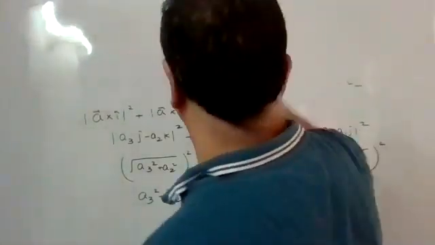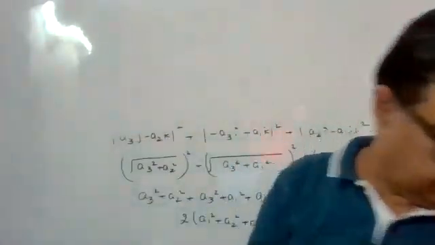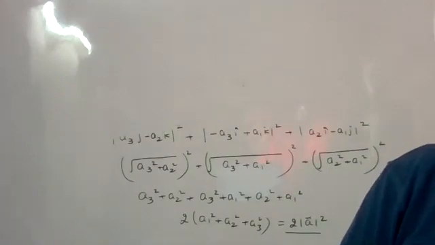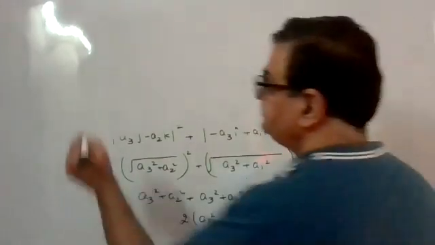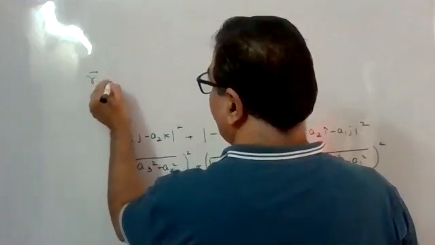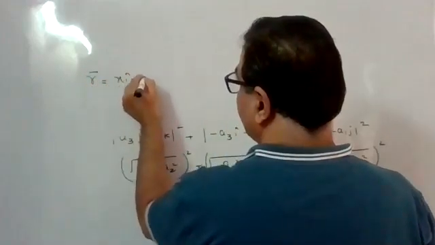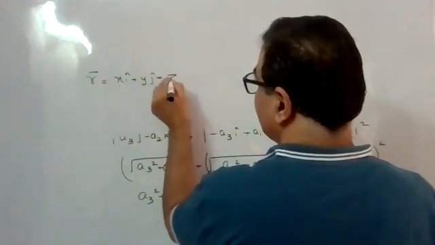R vector equal to xi plus yj plus zk. R vector is xi plus yj plus zk.